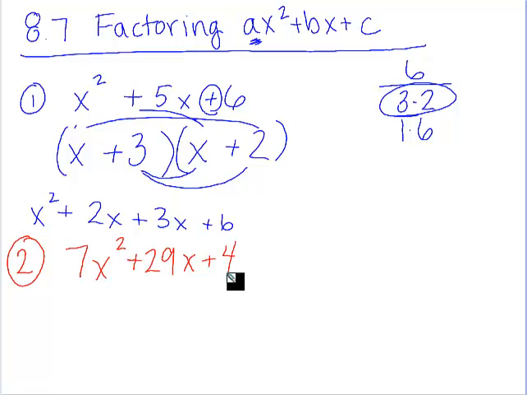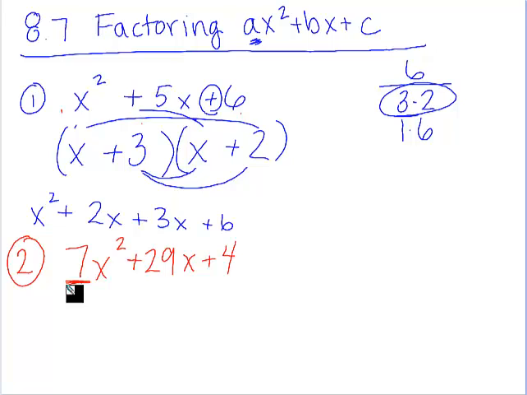Okay, now notice that there is now a number in front of the x squared. So this method works really well when we just have a 1 in front of it, because then we just get to focus on the product of the last number and the sum of the middle. When we have a number in front of here, we're going to look at something a little bit different.